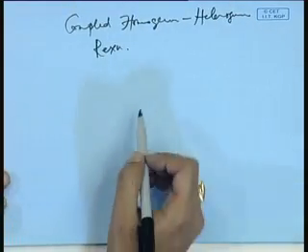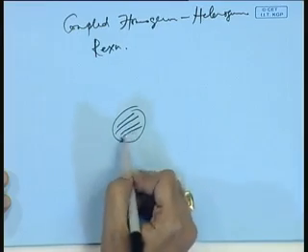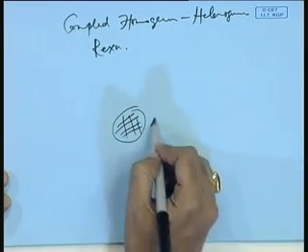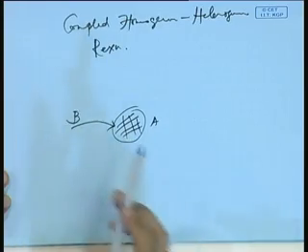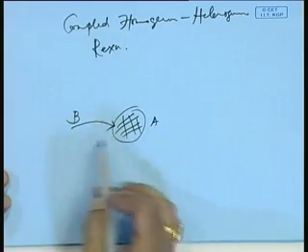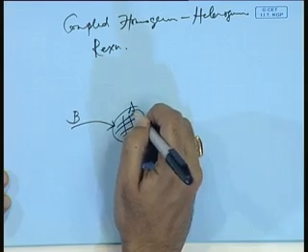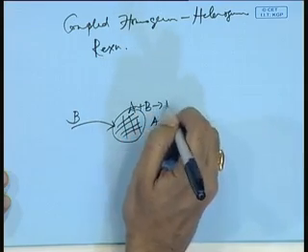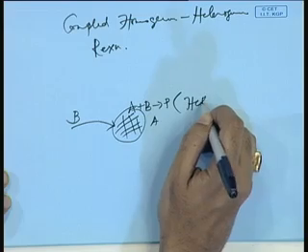A coupled homogeneous heterogeneous reaction is, for example, you have the catalyst pellet out here. So this reaction A plus B is happening on the catalyst pellet, right? So this is a heterogeneous reaction.